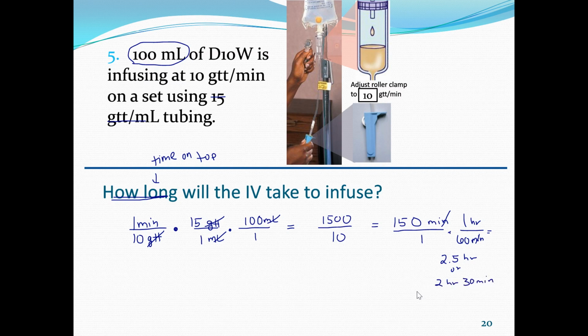Again, let's take a second look at it. How else could we do the problem? Well, another way to set up the dimensional analysis is to look at this idea, time on top, how long, time. Time is not a rate.